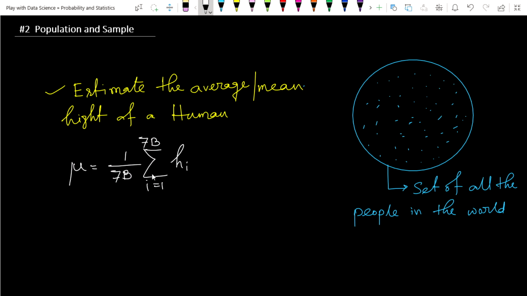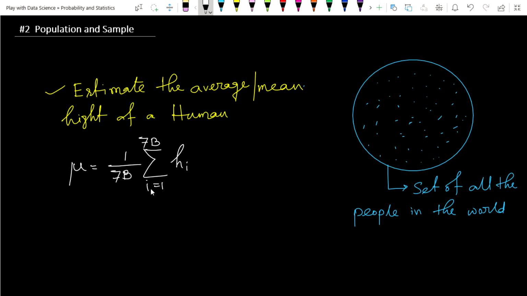But finding the height of every individual person is totally impossible. It takes a lot of time and many resources. So how do we find the average height of a human on our planet?